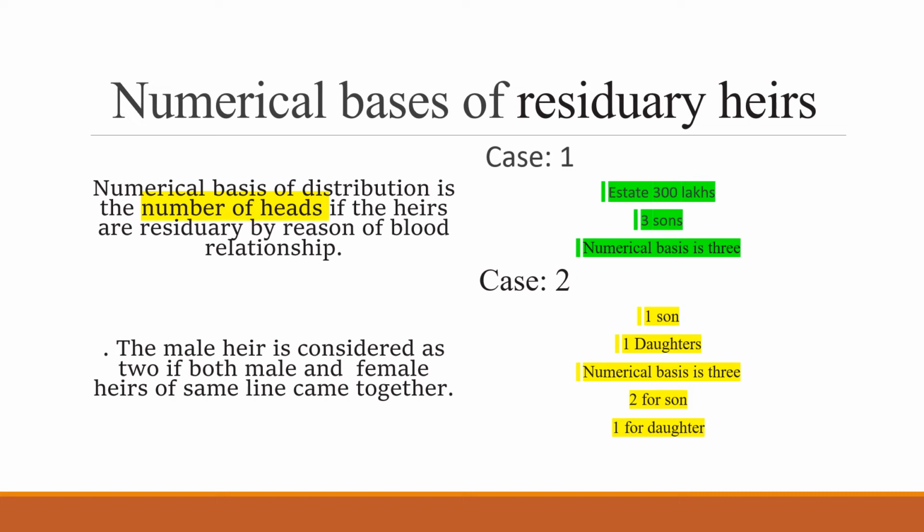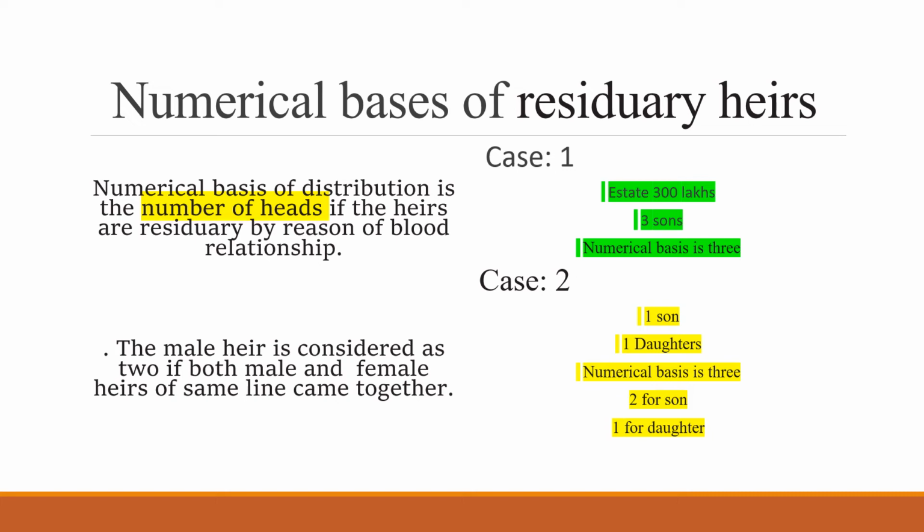It means what is the base number upon which we can divide the inheritance among its people. So in the case of residuary heirs, the number of heads, 3 sons, there are 3. So the 300 lakhs will be divided into 3. 100 to one son, another 100 to the second one, and a third 100 to the third one.